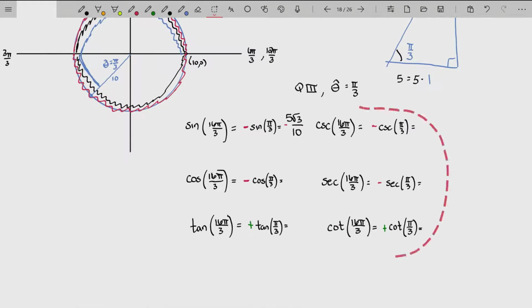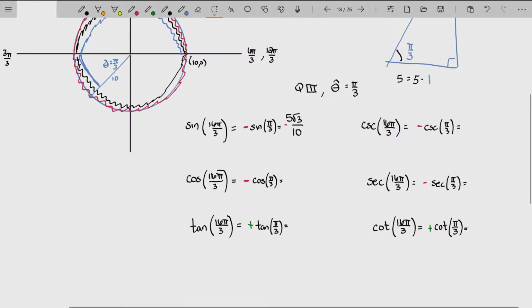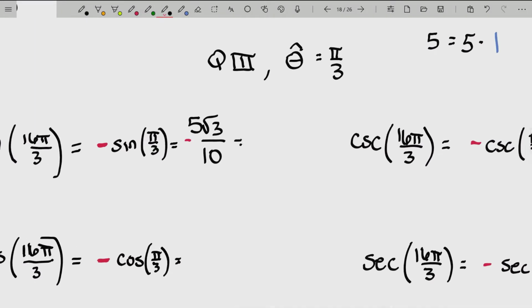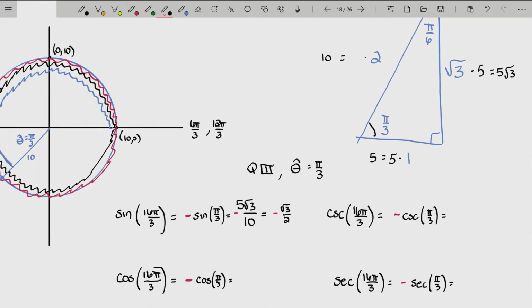I'm going to lasso this stuff up and move it so that we have the room. There we go. And so this is going to reduce down to, even though we're dealing with a larger circle, a negative root 3 over 2, which would have been what we would have gotten had we just left the triangle alone and not exploded it.